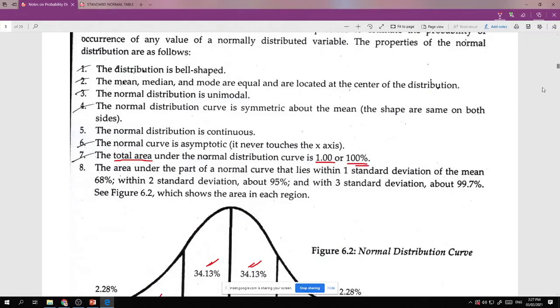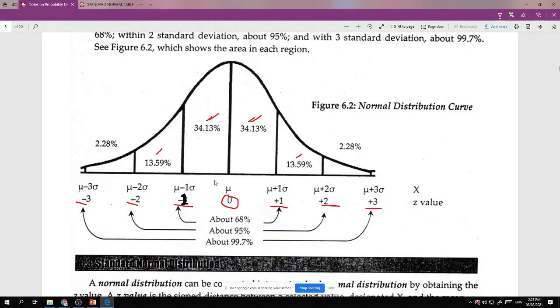So half of this, if I'm going to have 0 going to the right, that is 50%. 0 going to the left, that's also 50%. This is 50% here, and this is also another 50%. That's why the total is 100%, or simply 1. This is simply 0.5.